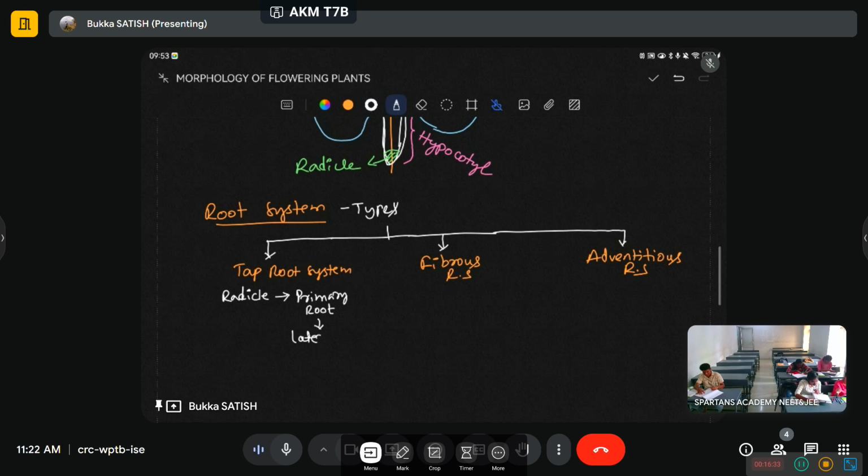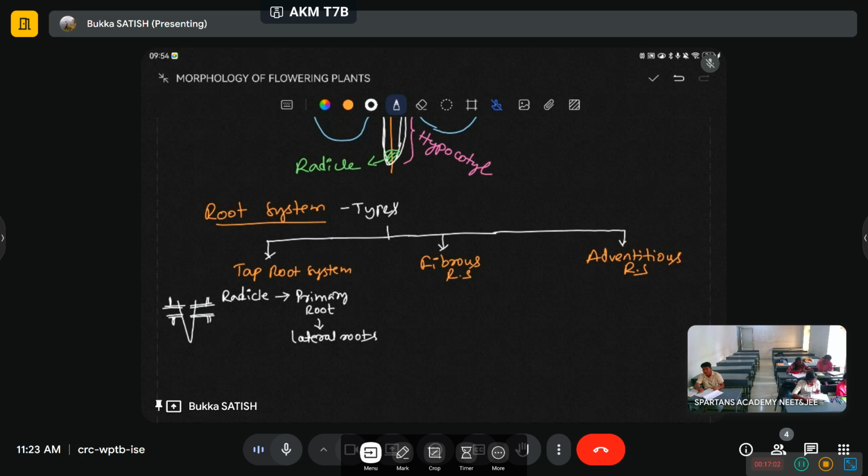We call it lateral roots. From the primary root, again there will be formation of lateral roots, and from these there will be branching further. So the main root system which developed from the radicle, that is the primary root, will be giving a complete branching network. All these together is what we call taproot system.